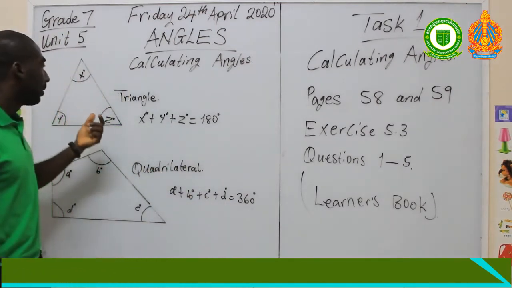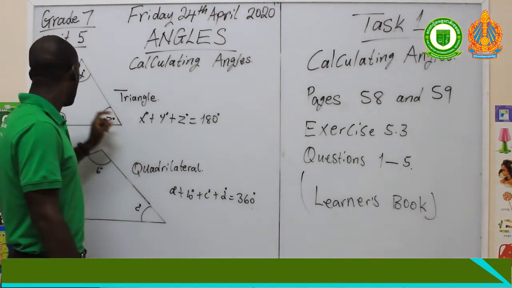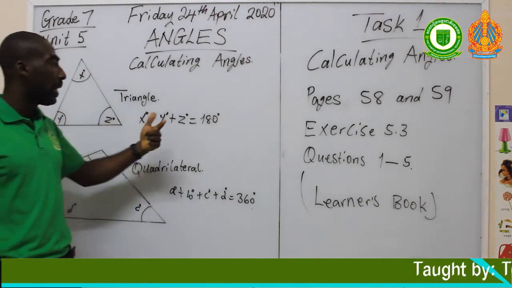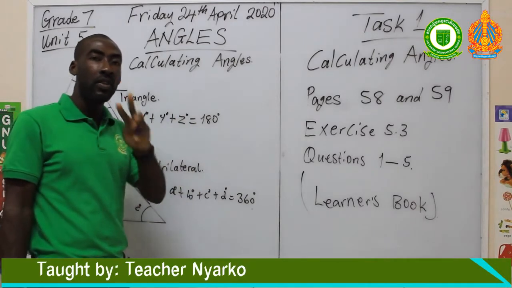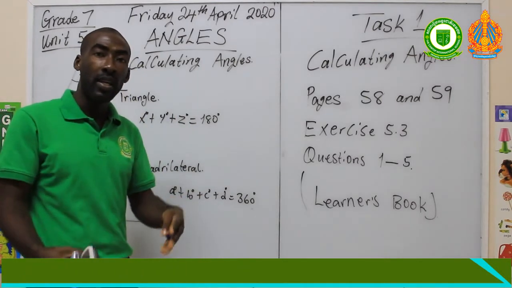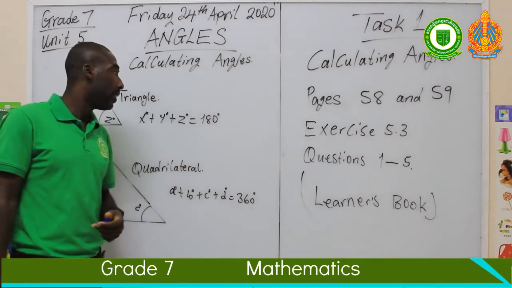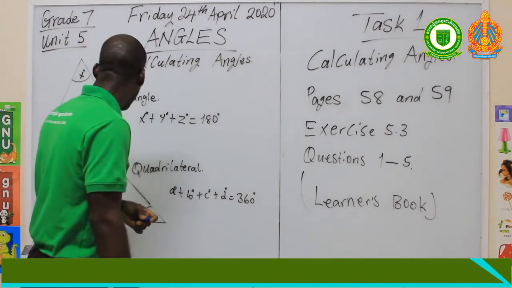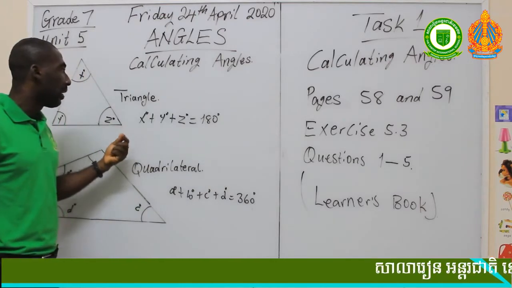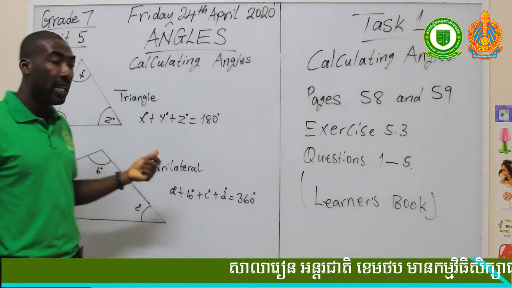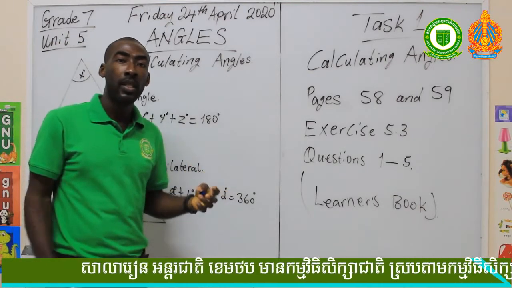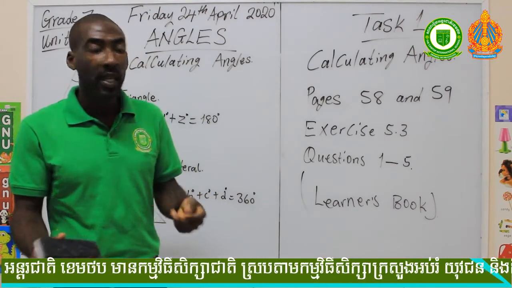A triangle, whether acute or obtuse, if it has 3 angles coming together, will add up to 180 degrees. Once you have this concept in mind, it becomes easy to calculate your angles anytime.